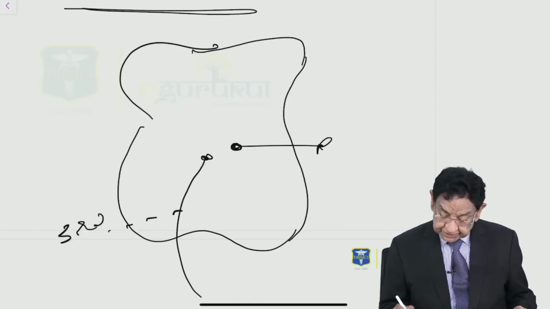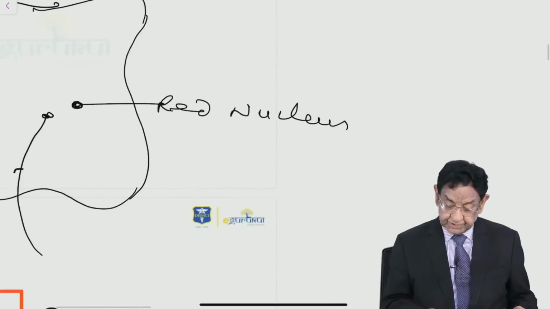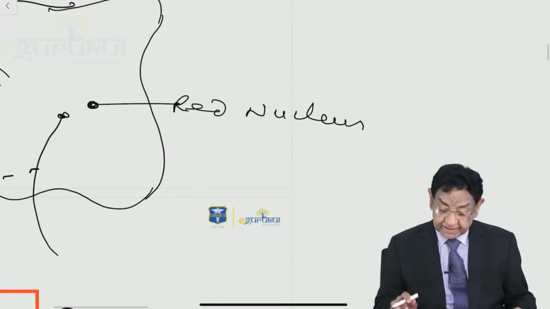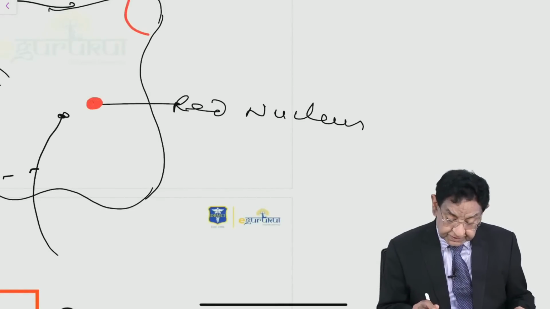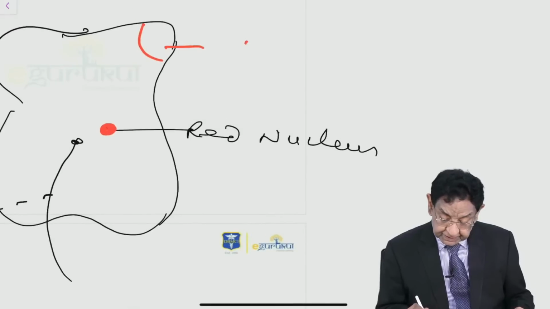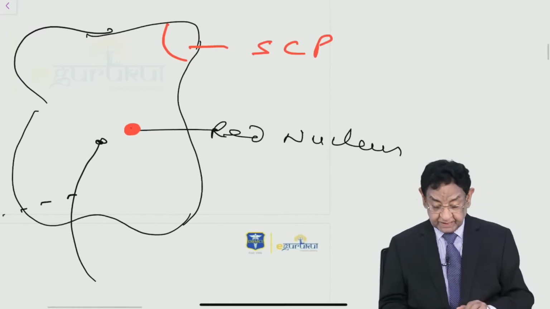This is a red nucleus. Rather, better I draw with the red pen. This is the red nucleus. This is the superior cerebellar peduncle. You already have written the name.